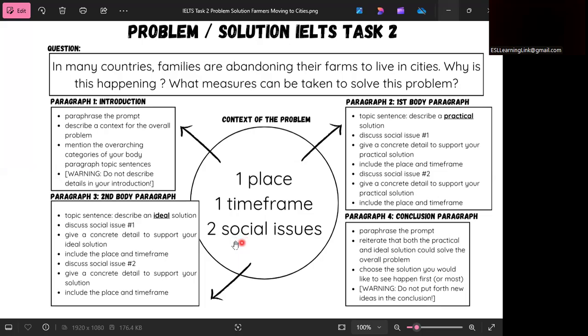Another social issue might be that due to the internet and access to education, the children are more interested in other careers and have access to pursue those careers.